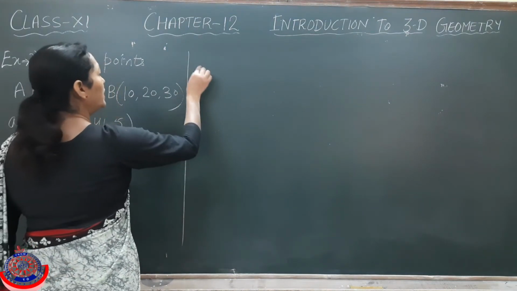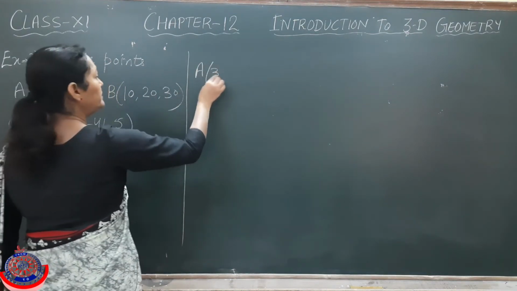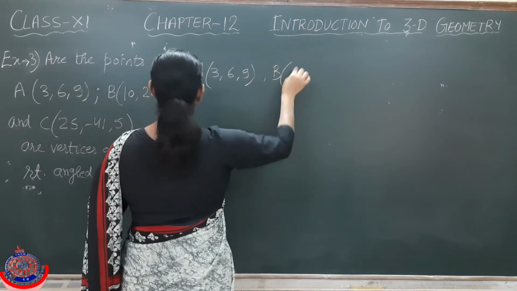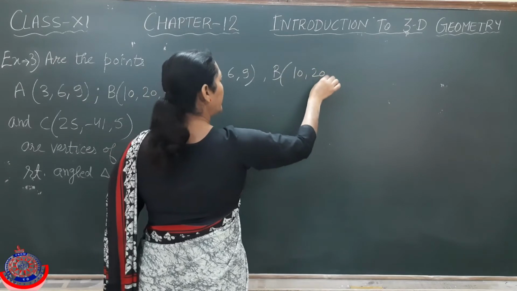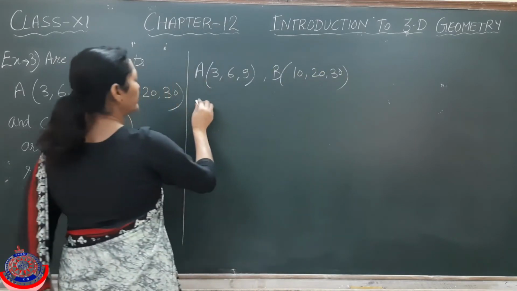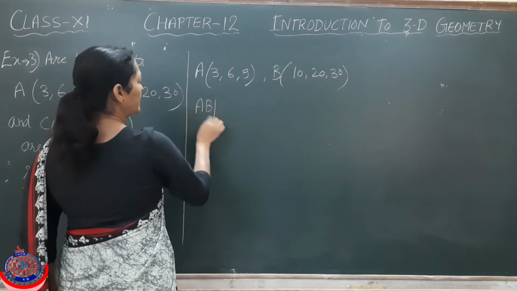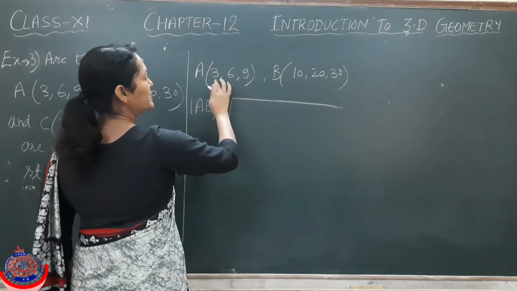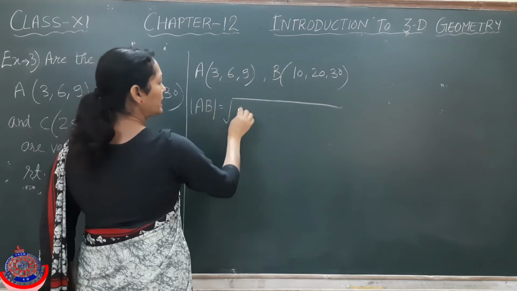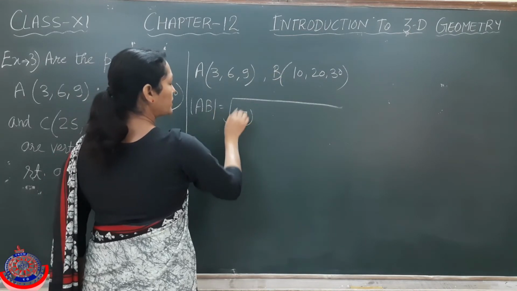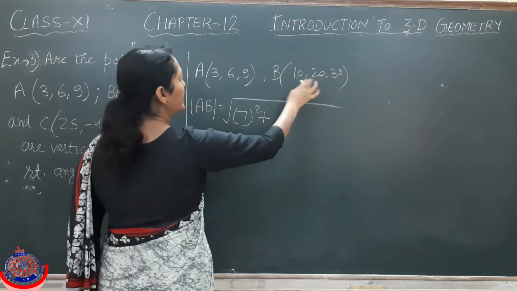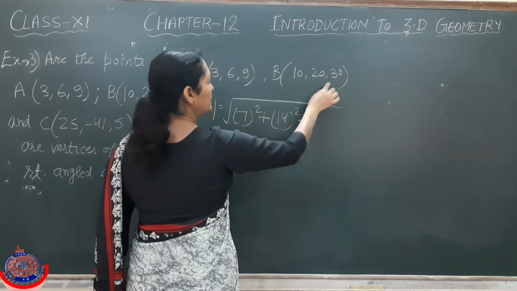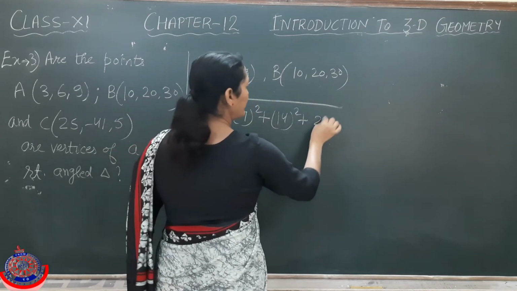First of all, for AB, A is 3, 6, 9 and B is 10, 20, 30. So AB will be the square root of x2 minus x1, 10 minus 3, that is 7 whole square, plus 20 minus 6, 14 whole square, plus 30 minus 9, 21 whole square.